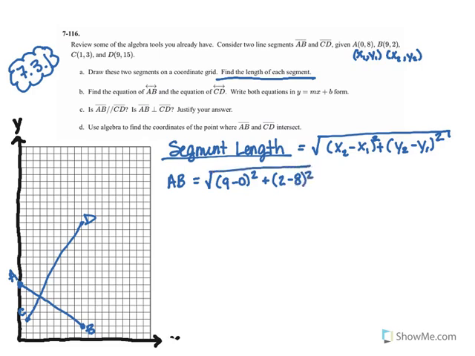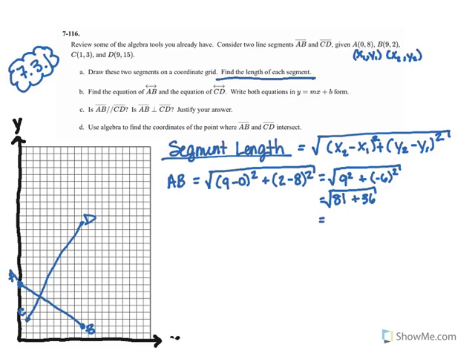And we're going to square that. Now let's simplify this a little bit, and we'll have the square root of 9 squared plus 2 minus 8, which is negative 6, squared. 9 squared is 81 plus 6 squared, the same thing as negative 6 squared, which is 36.